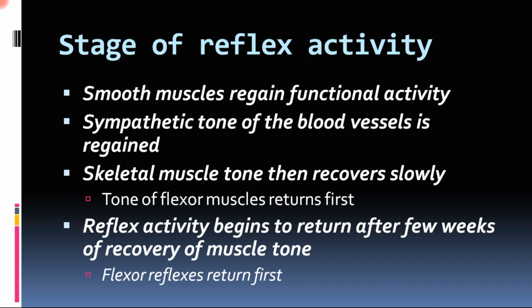Tone in the flexor muscle returns first, because all the signals from the higher center are abolished. The reflex activity begins to return after a few weeks of recovery of muscle tone, and in this case also, reflex activity first appears in the flexor reflexes. So in case of complete transection, flexor tone and flexor reflexes return first.